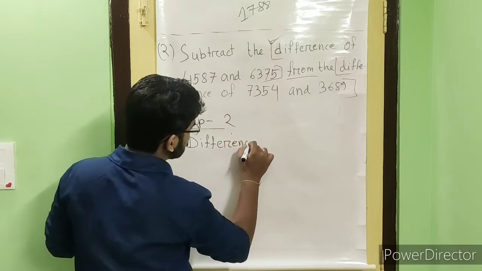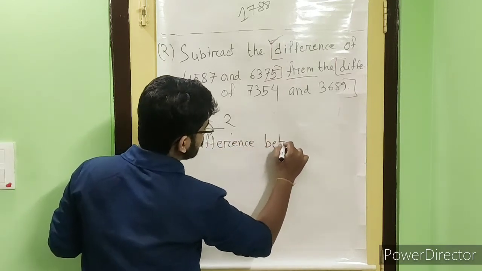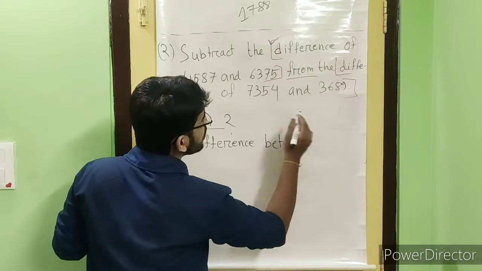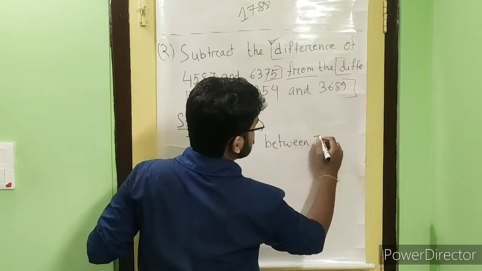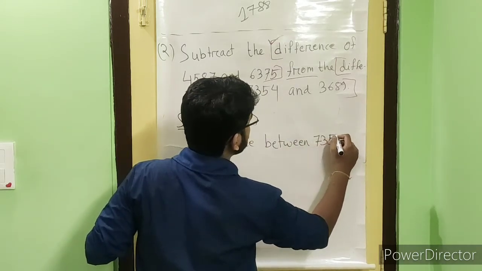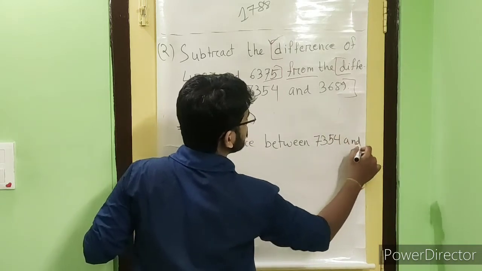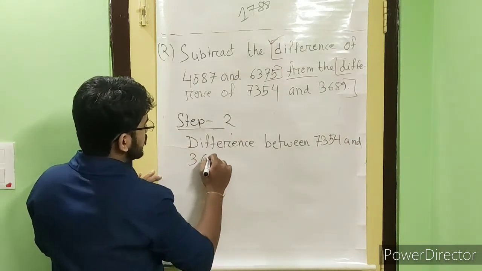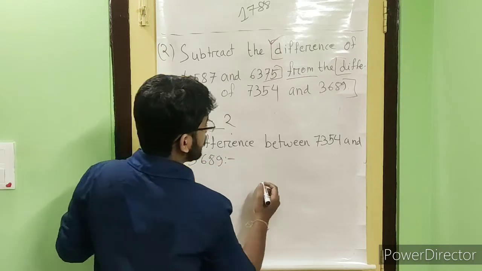Now step number 2. Difference between 7354 and 3689.